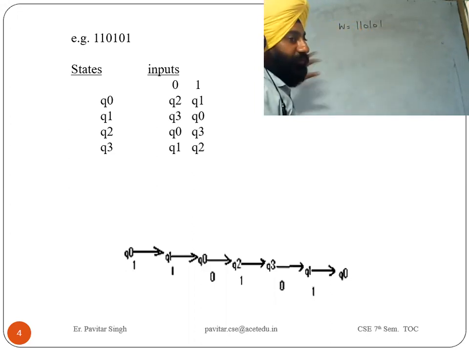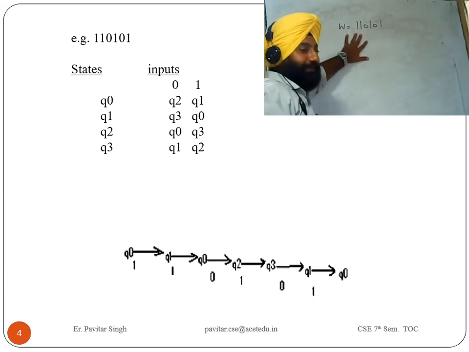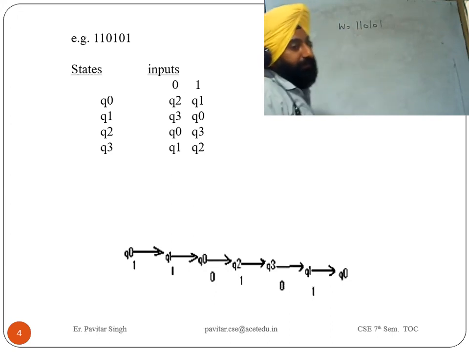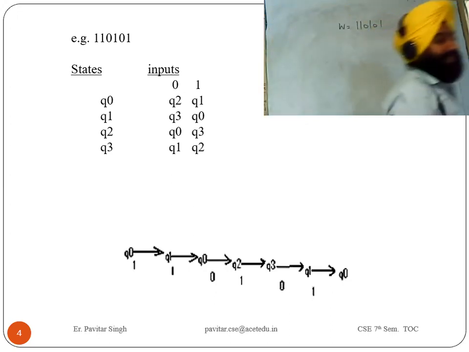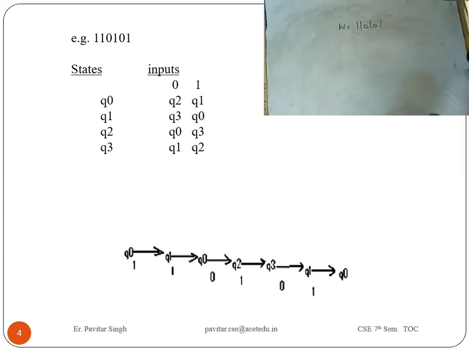Let's check whether this string is accepted by the FA or not. Your FA is represented with the help of the table, which is shown in front of you in the PPT. Here Q naught is acting as the initial state and it is acting as the final state as well. It is written over here, right?